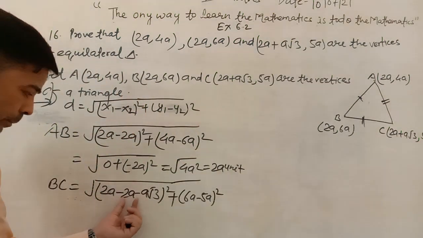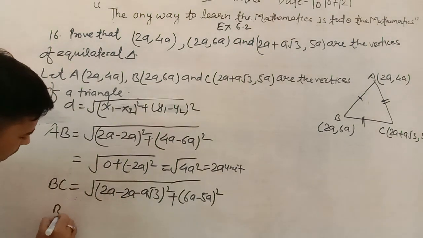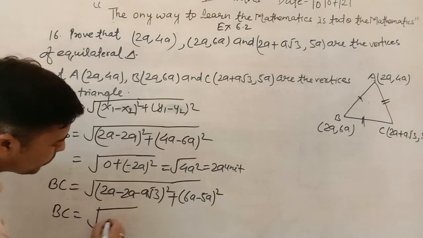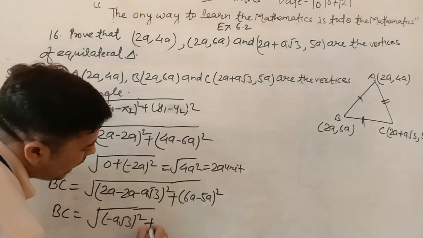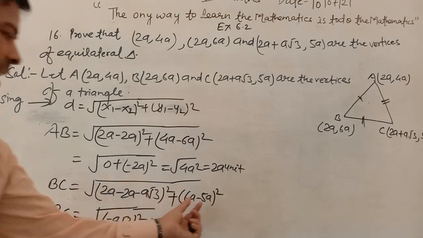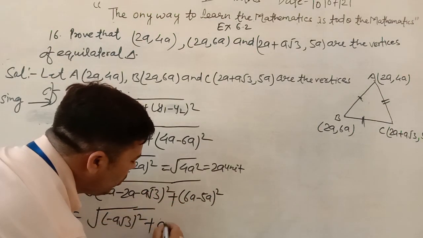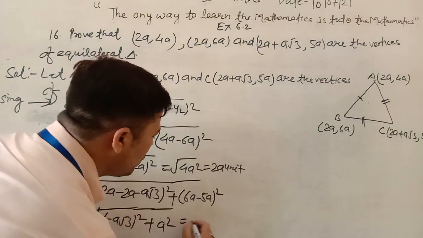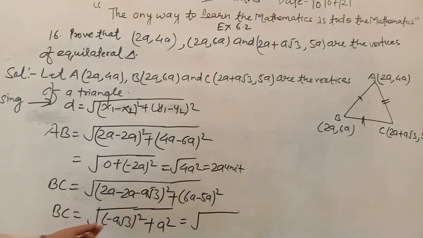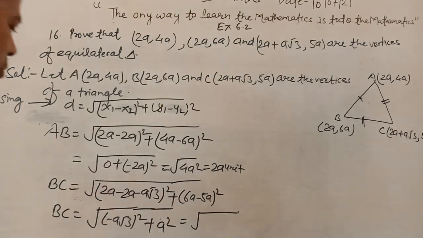Here, student, 2a minus 2a cancel each other. This one becomes (minus a√3) whole square, and 6a minus 5a gives you a whole square. So the value of this is equal to the square root of: √3 whole square gives you 3, and minus a square gives you a square.